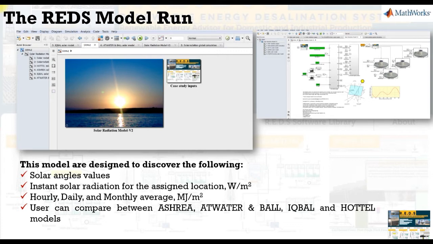We can compare some specific solar radiation models. We choose ASHRAE, Threlkeld and Jordan, and Hottel models to compare with each other.